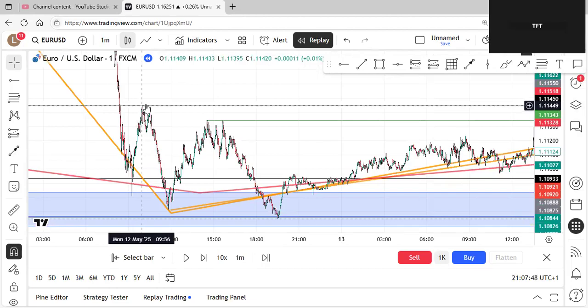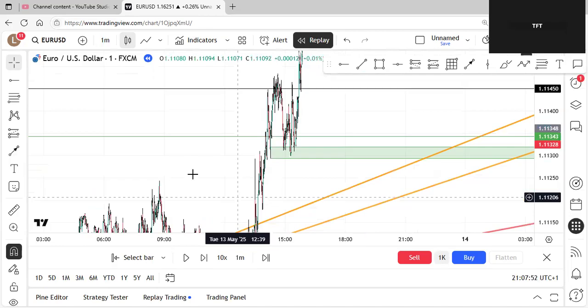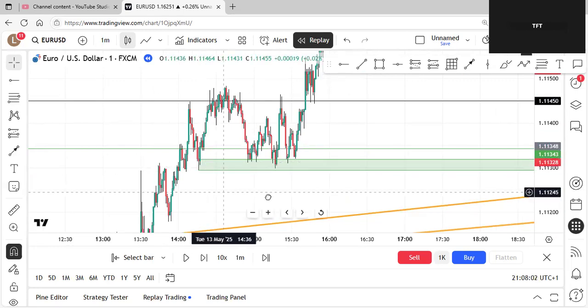Maybe it's because of that high there. So, not quite the 1 minute, but it's taken another high. Maybe the other high is the high that was of significance, not the one I marked.